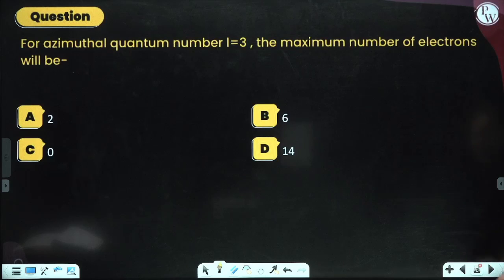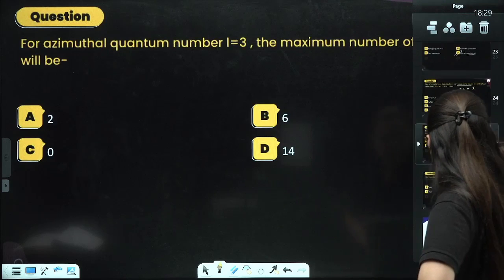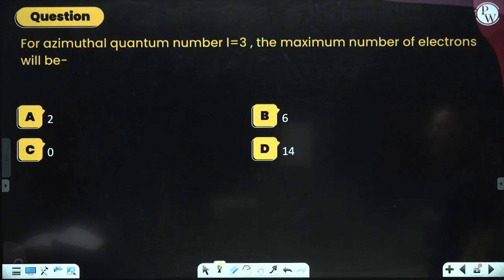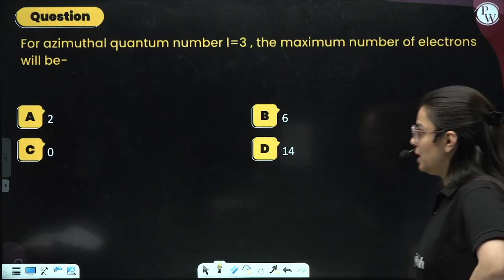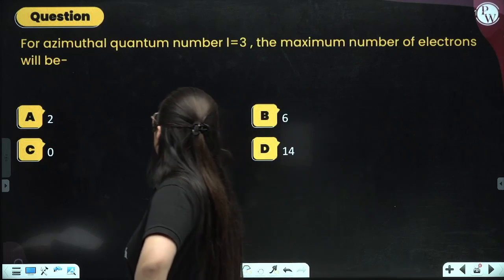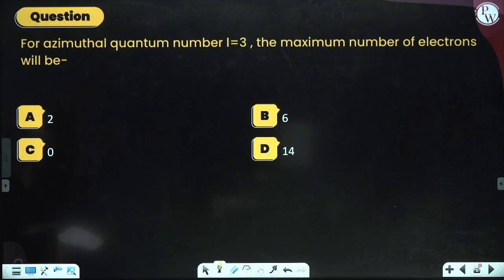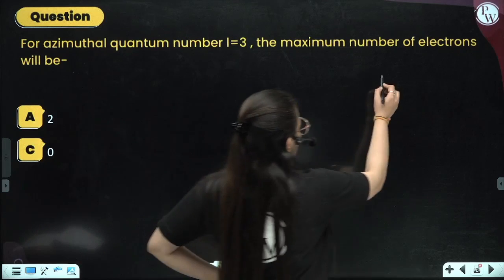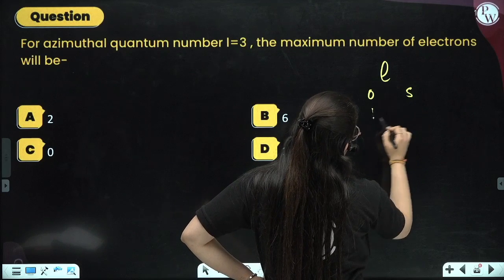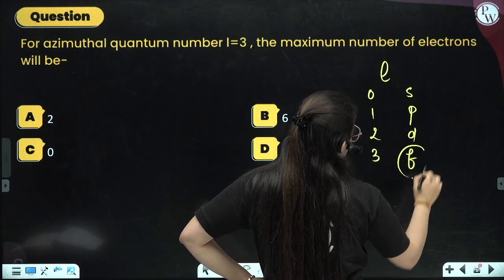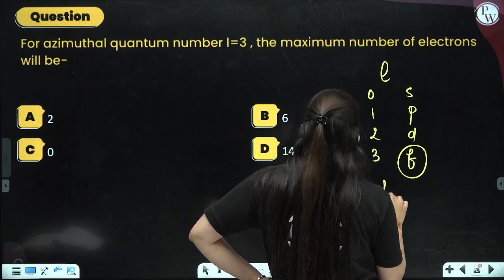The next question is, for azimuthal quantum number L equals 3, the maximum number of electrons will be. You need to tell the maximum number of electrons. So see, again, when L is 0 it is S, when it is 1 it is P, when it is 2 it is D, if it is 3 it is F. That means it is the F orbital.